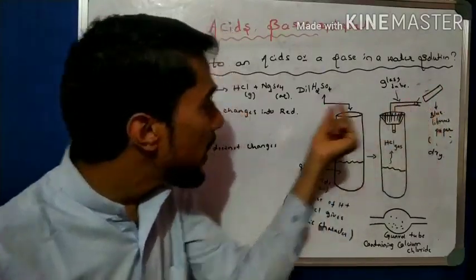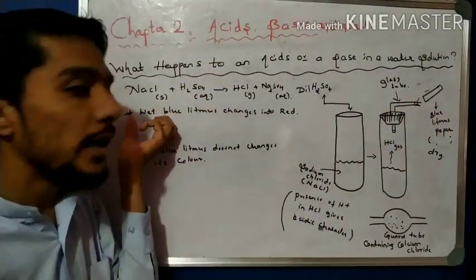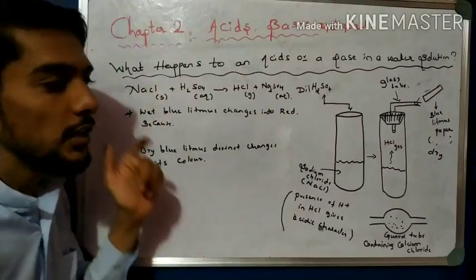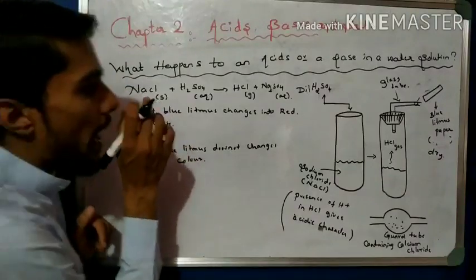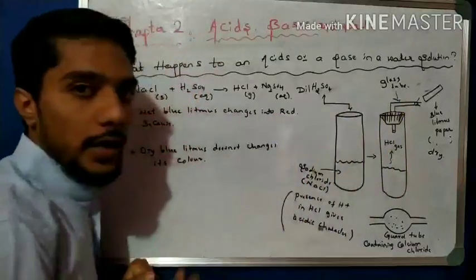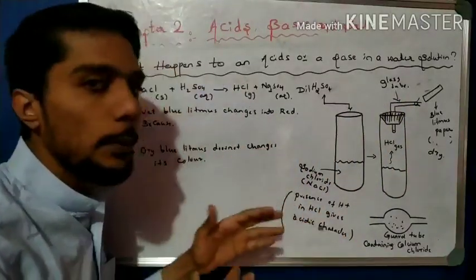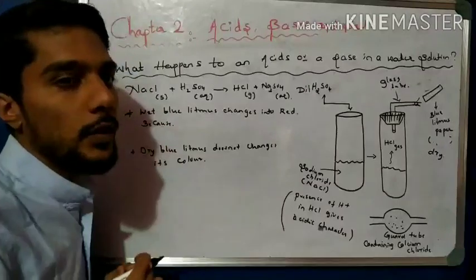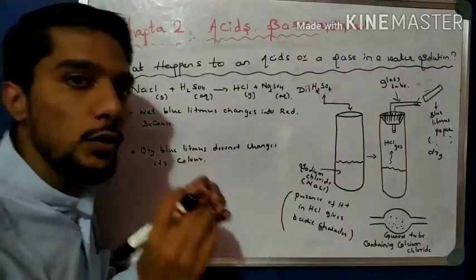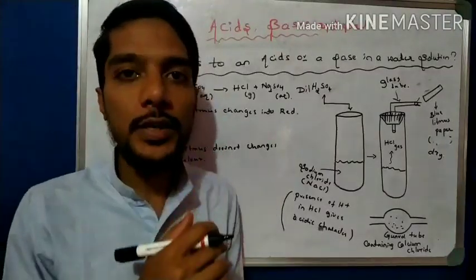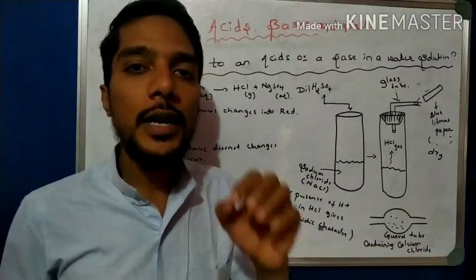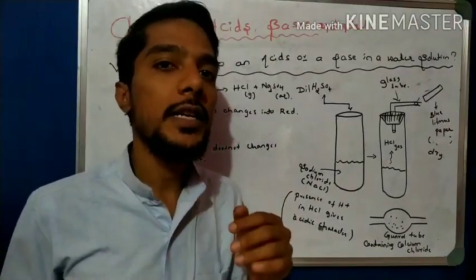The color changes only when water is present. That is important. The acid shows its acidic property by producing H plus ions only in the presence of water molecules. In wet or moist paper, water droplets are present, and they are important for showing the acidic character.